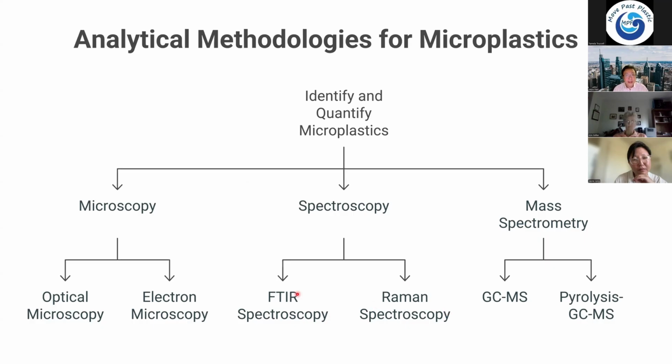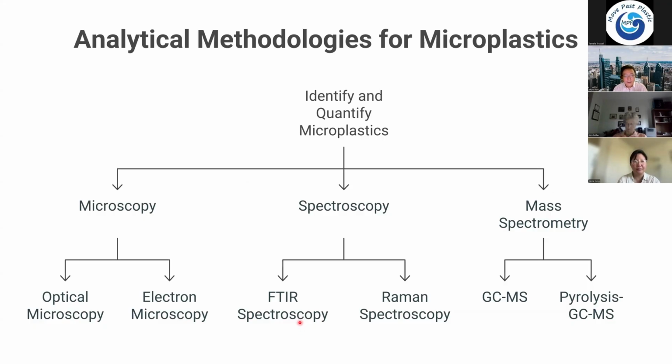FTIR was used as a more intermediate analysis, and it's a better detection method than optical microscopy. Up to maybe 5 years ago, and then 2 or 3 years ago, FTIR was a very popular tool to detect microplastics.